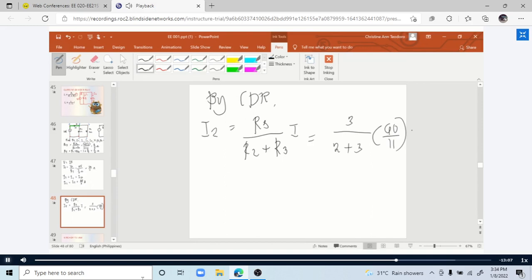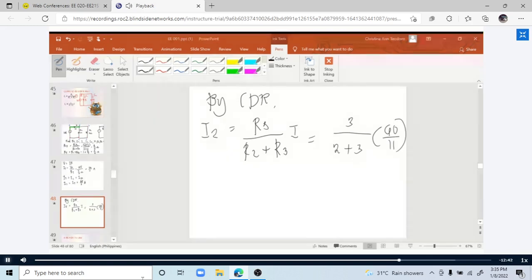This will be 180 over 55. Reducing it to its lowest term, 180 divided by 5 is 36, and 55 divided by 5 is 11.